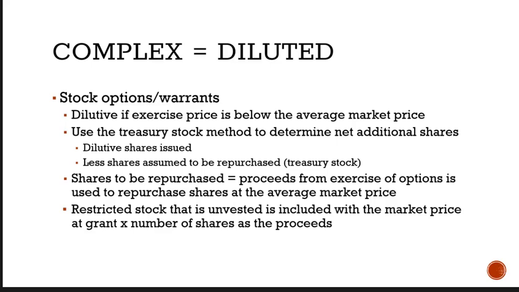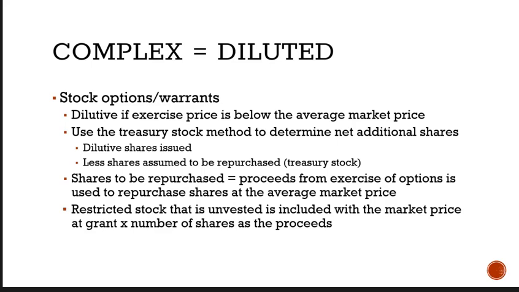That means they're going to turn in the amount of cash equal to the number of options times the exercise price. We take that proceeds and we then use that cash we receive to buy back other shares so that we can minimize the amount of the dilution in the market.